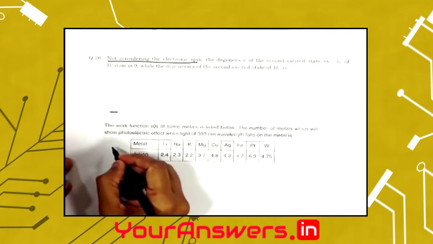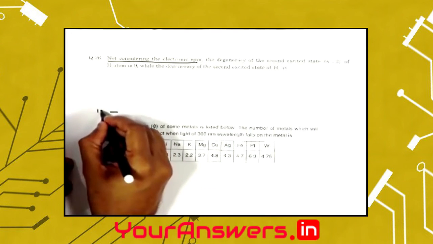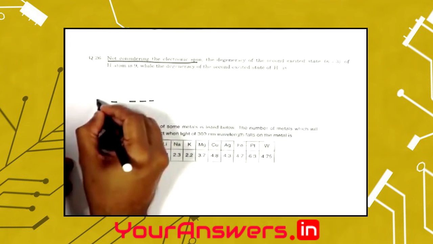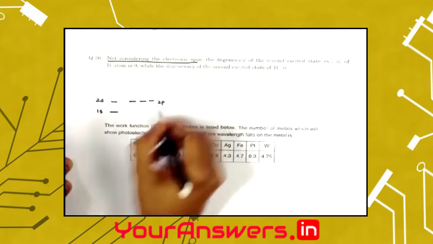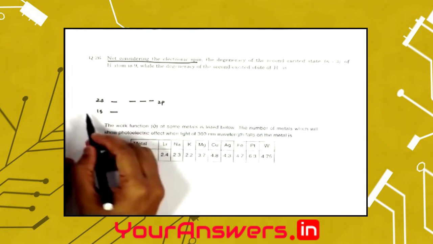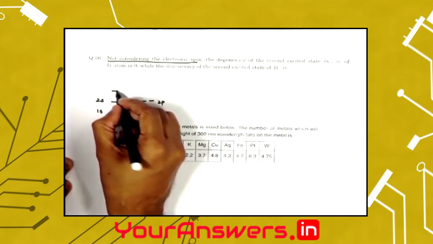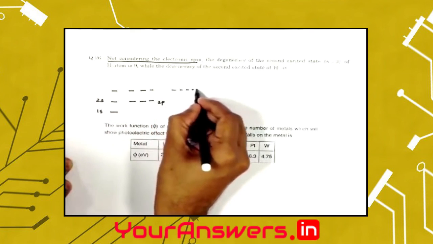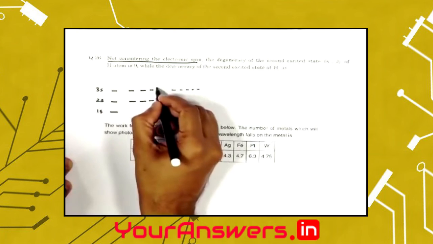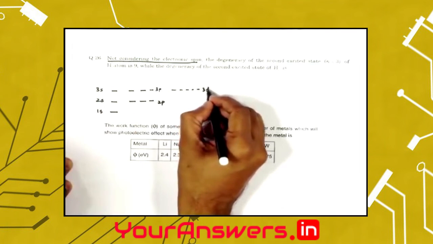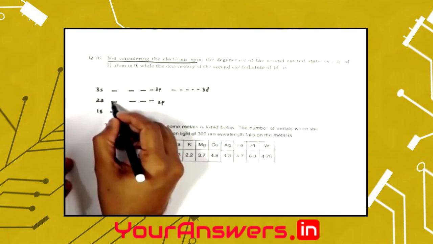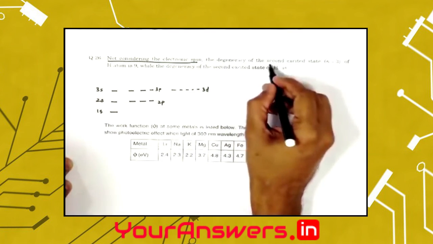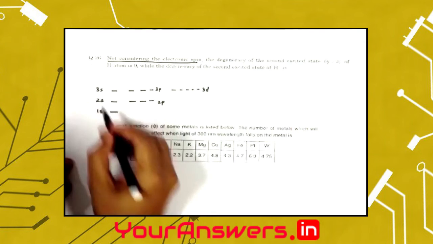So, the lowest energy or the ground state was 1s, the next state was 2s and 2p combined, they had the same energy because they had the same principal quantum number. The third energy level, 3s, 3p, 3d. This is the ground state, this is the first excited state, this is the second excited state. Second excited state has n equals 3.